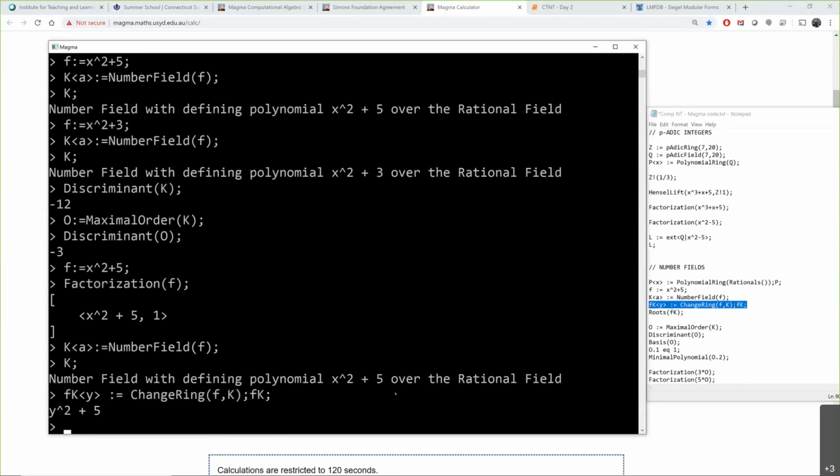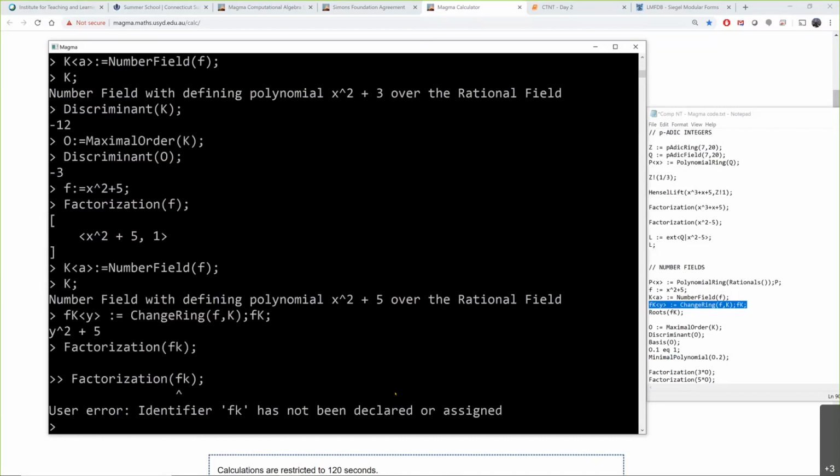So what I did there is that now I changed the ring of definition of that polynomial to an extension. So I extended the ring of the field of definition of that polynomial to Q adjoin the square root of -5, and then now my polynomial is called y squared plus 5, and then I can try to factor it. This is called fK. Wasn't it? Oh, f capital K.